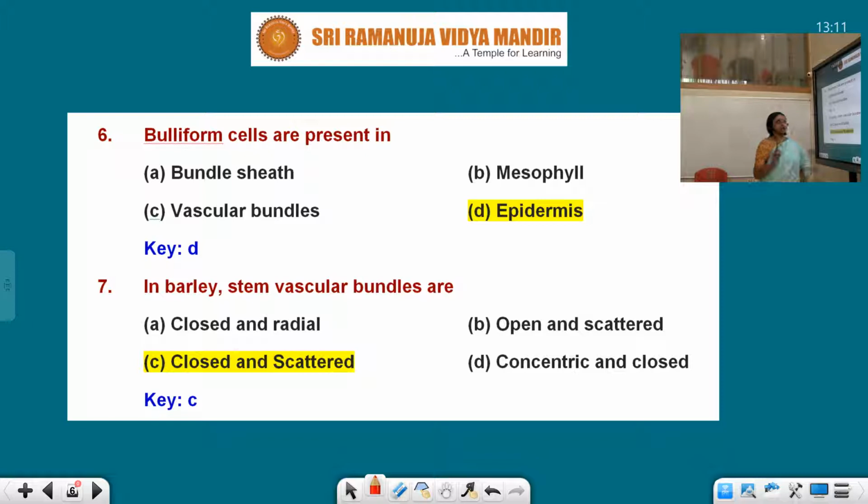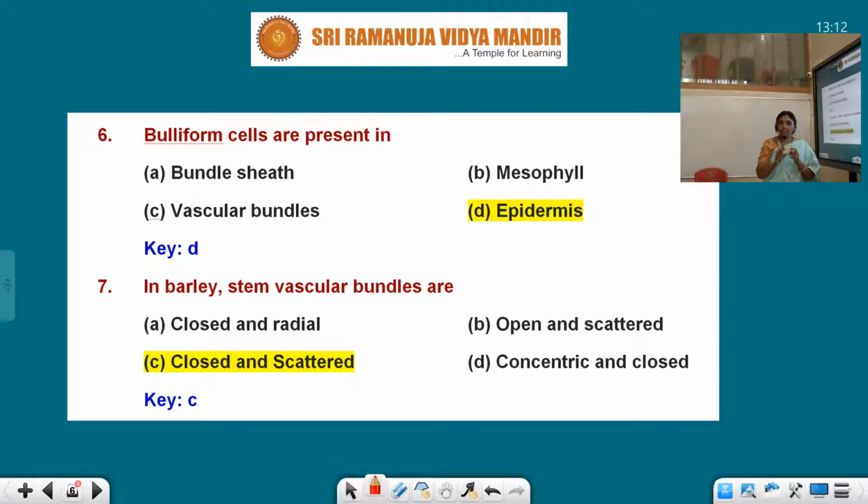Now, bulliform cells. What are these cells? These cells are present in the monocot leaf, in the upper epidermis. Both the dicot leaf and monocot leaf have epidermis on both sides. The upper epidermis is known as adaxial epidermis, and the lower epidermis is known as abaxial epidermis. In monocot leaves only, the upper epidermis has some thin walled large cells known as bulliform cells.